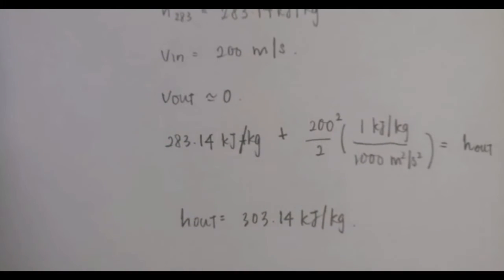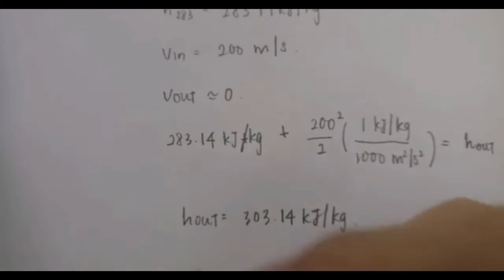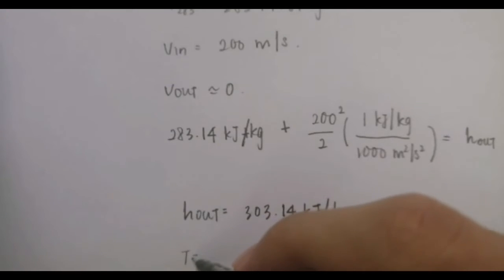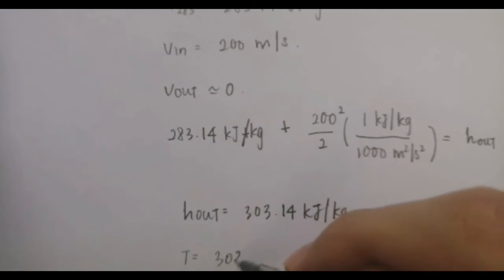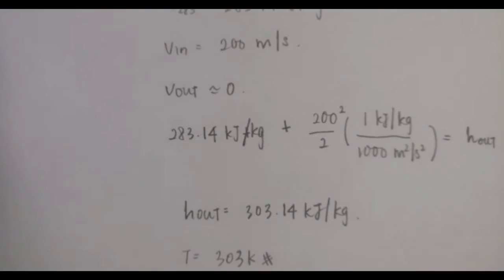Enthalpy out is equal to 303.14 kilojoule per kilogram. According to table 17, we can find the temperature, which is equal to 303 Kelvin. Kelvin in unit. Okay, this is the final answer.